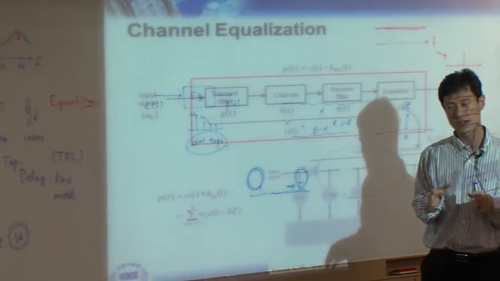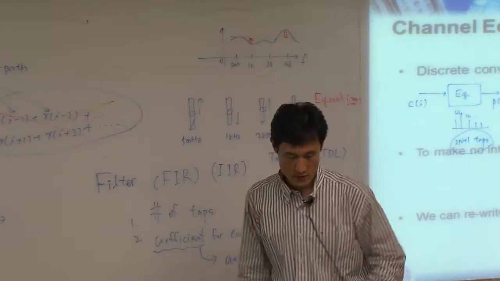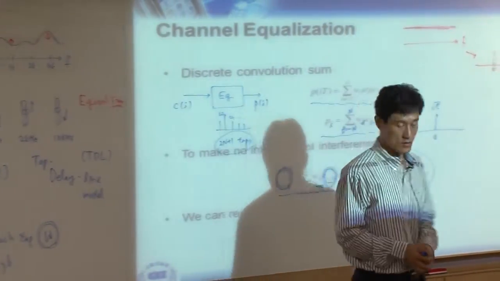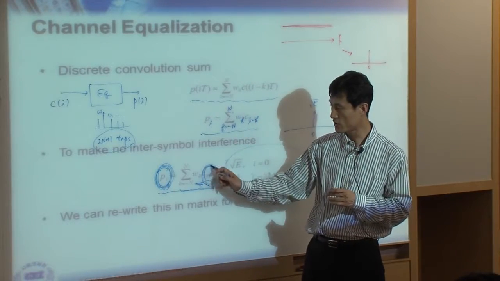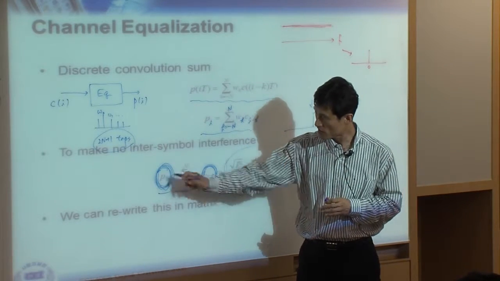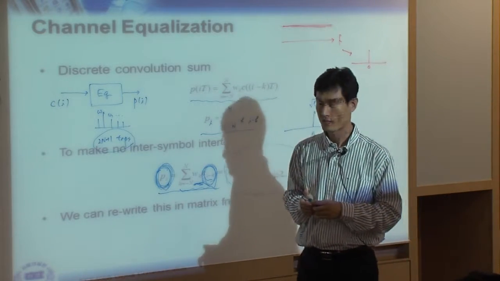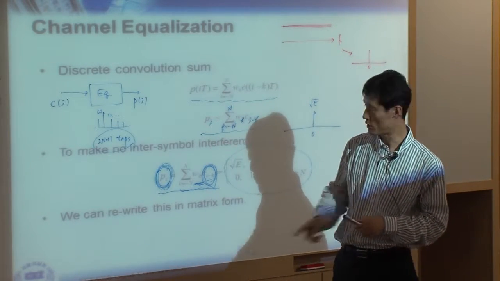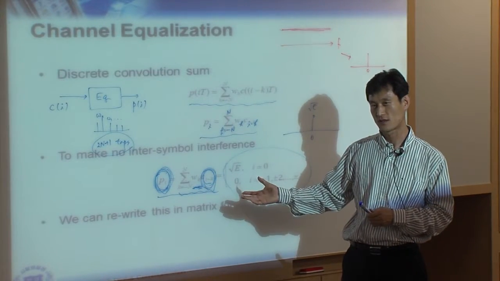We are doing equalizer design now. So we are trying to calculate W. We know our output, the dream output. We know the received signal. So based on these two, we can calculate W. You can calculate it, right? We know this one. We know this one. We can calculate W in this equation.